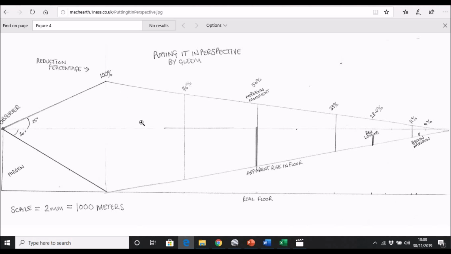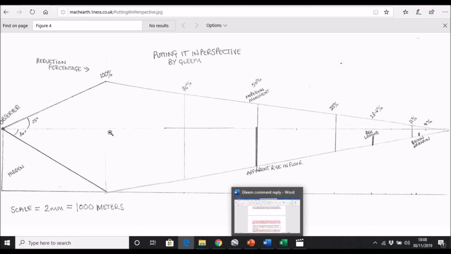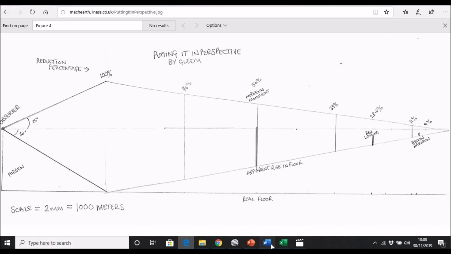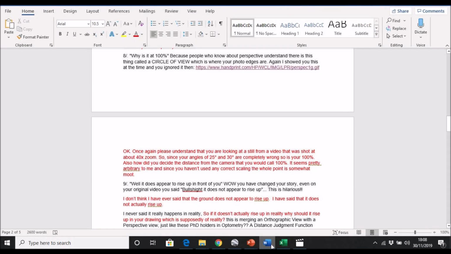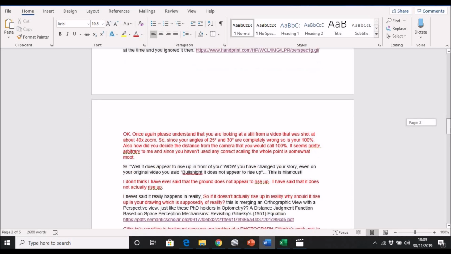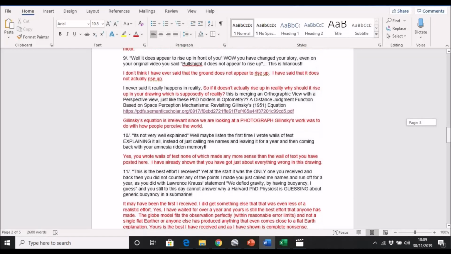We know the field of view, we know the uppermost point of the field of view and the lowermost point of the field of view. It was zoomed in considerably. This diagram, once again, is just irrelevant to the observation it's purporting to describe.